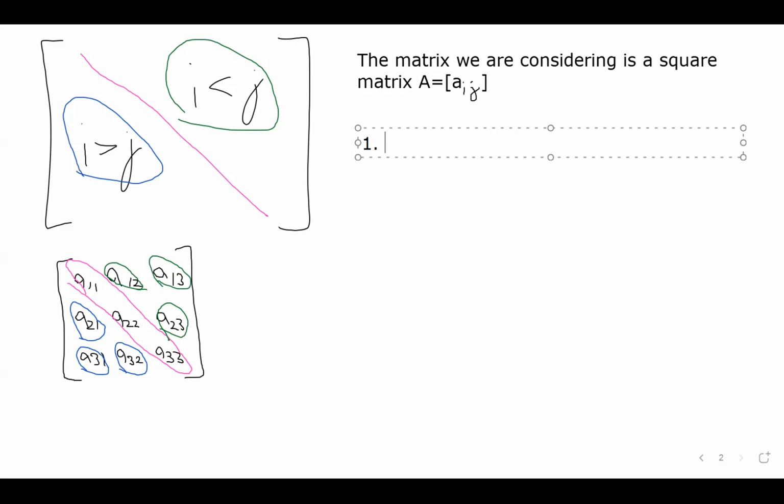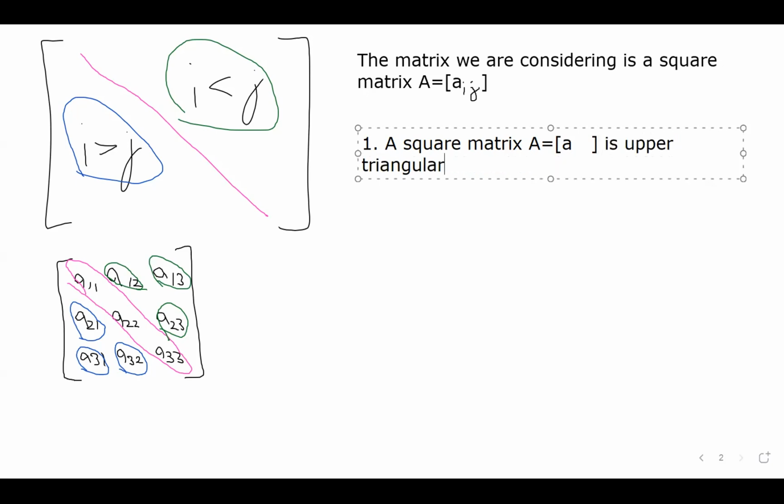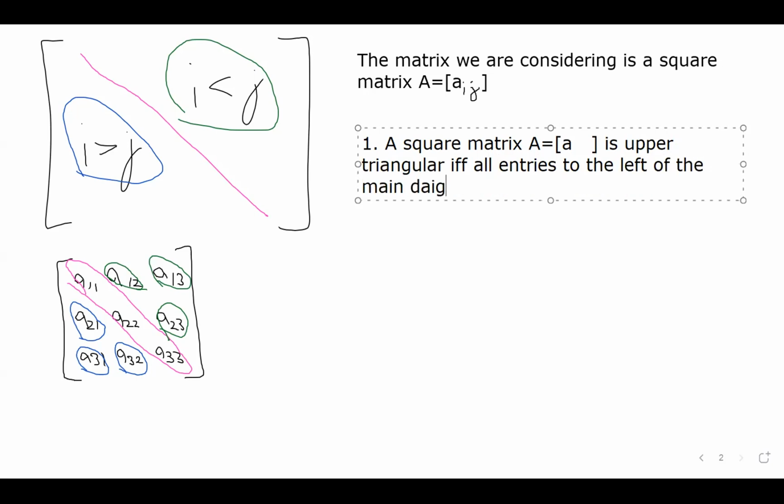Fact one is that a square matrix, capital A, denoted as a sub ij, is upper triangular if and only if all entries to the left of the main diagonal are 0.